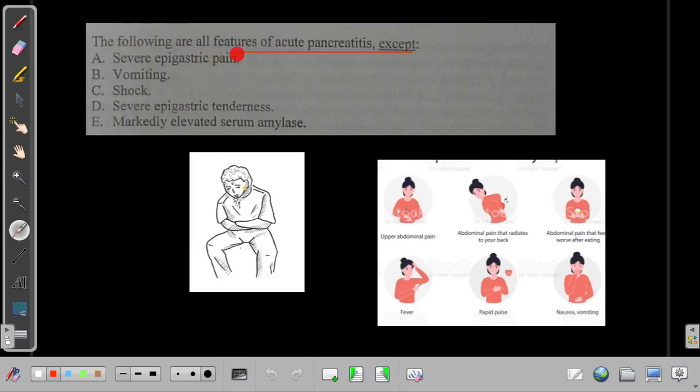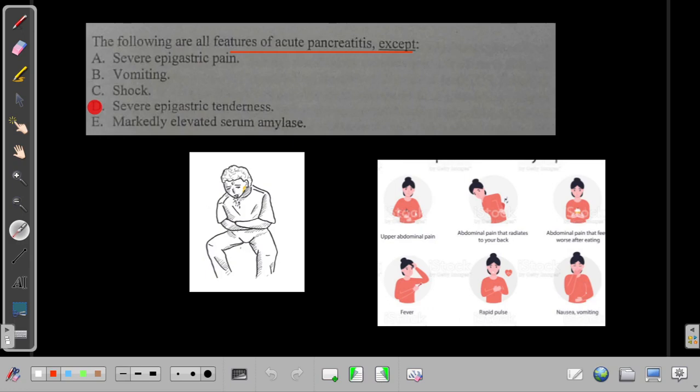The following are features of acute pancreatitis except: severe epigastric pain, that's true. Vomiting, repeated and severe vomiting, that's true. Shock state, that's true. Severe epigastric tenderness, that is not true. This is the exception. Go for D. Why? Pancreas is a retroperitoneal structure away from the abdominal wall.